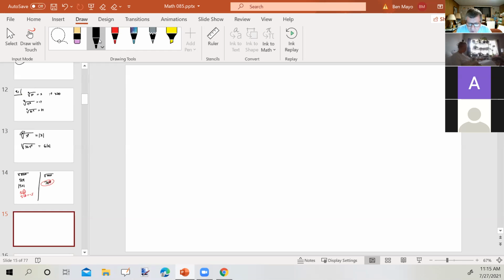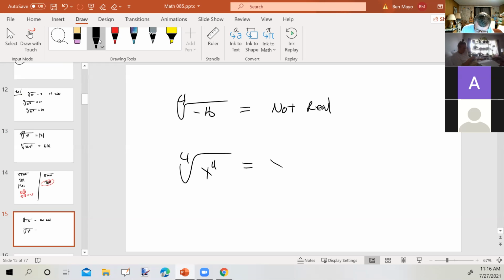Okay, keep in mind, again, you can't take an even root of a negative number. So like the fourth root of negative 16 would be not real, okay? When you take an even root of a number, that answer can't be negative.